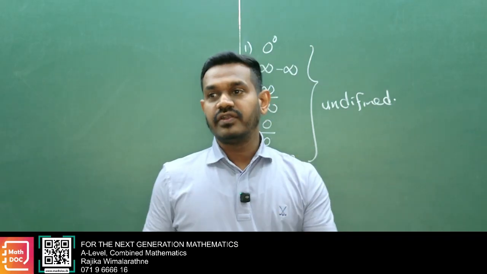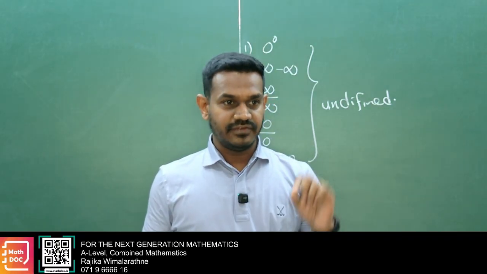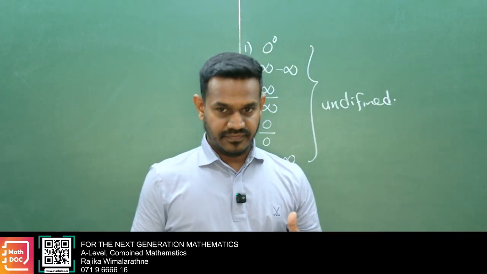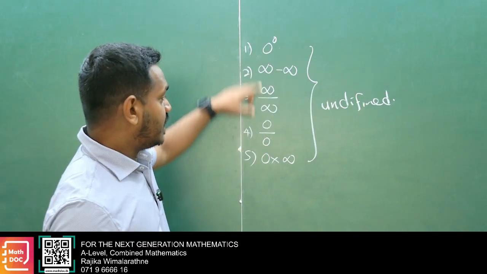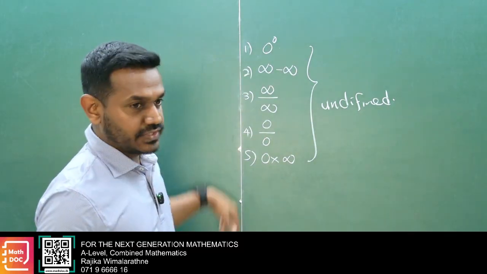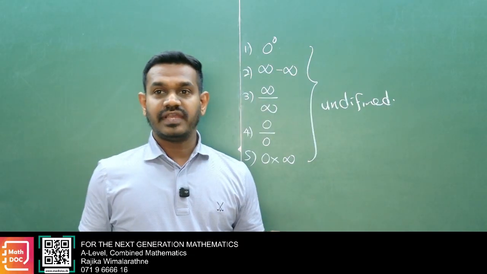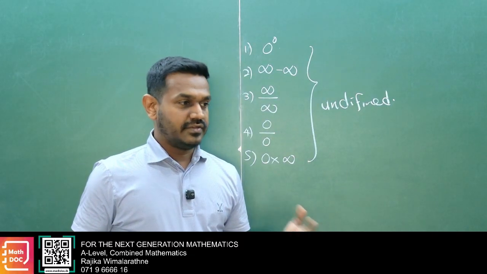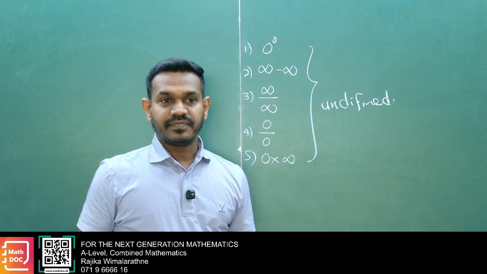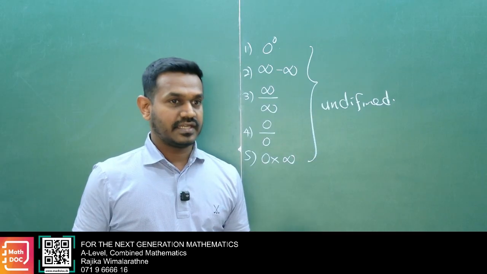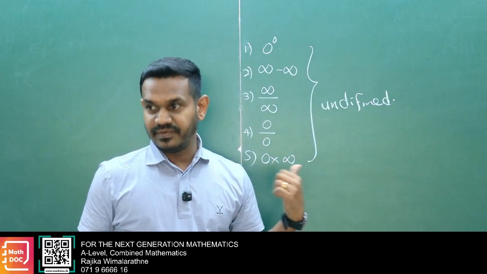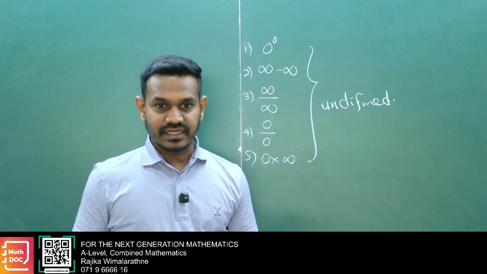But anyway, you consider infinity a solution for a limit. These undefined expressions you don't take as solutions. If you get undefined expressions, we have different techniques, simplification patterns, rules and theorems to evaluate these types of limits. We will discuss it later.